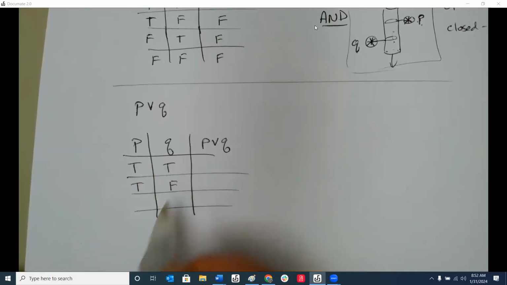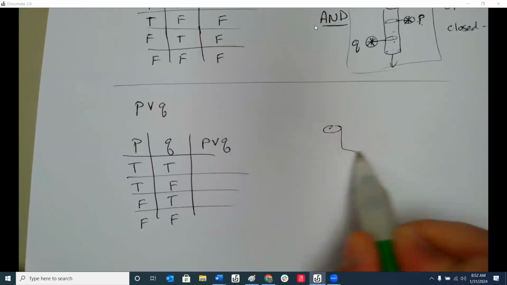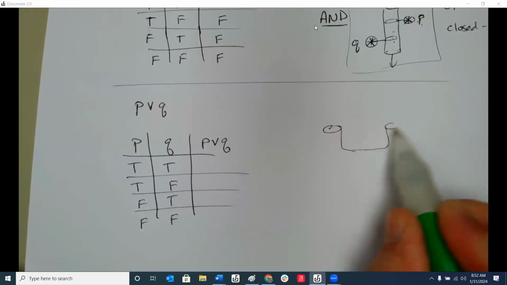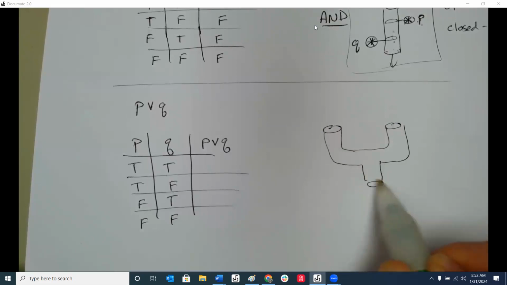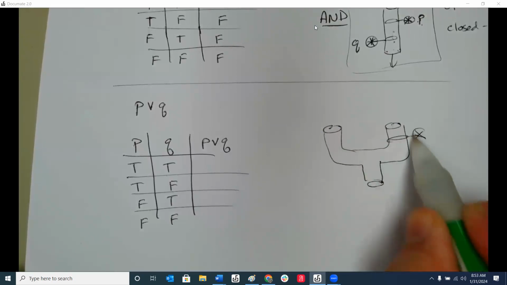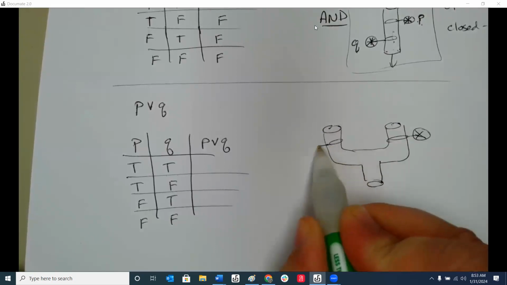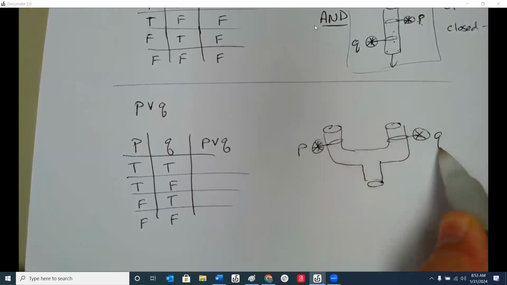True, false. False, true, or false, false. This is P and this is Q.